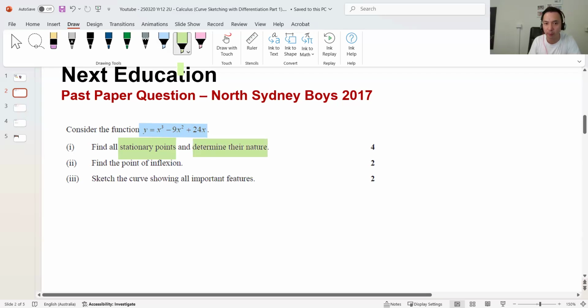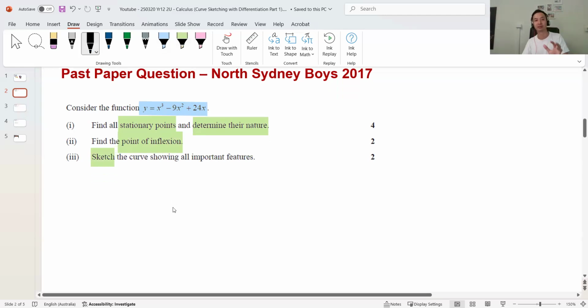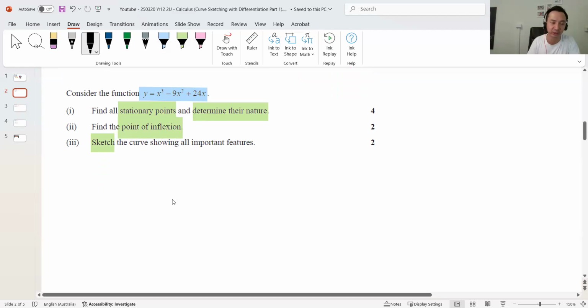Then find the points of intersection. Sometimes when you find points of intersection, the question doesn't require you to test or verify, but when it's 2 marks, you're probably going to need to verify. And the last one, sketch. I couldn't get more classical than this question in terms of curve sketching with derivatives.